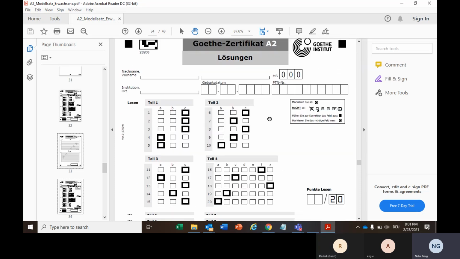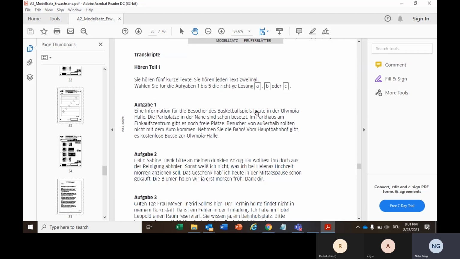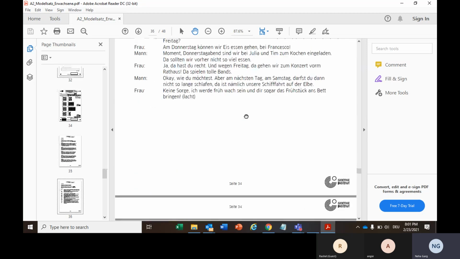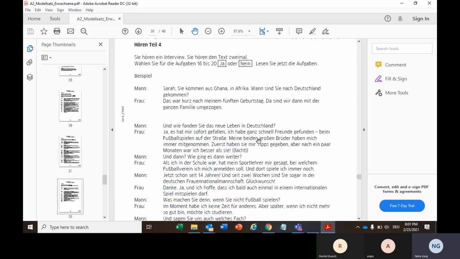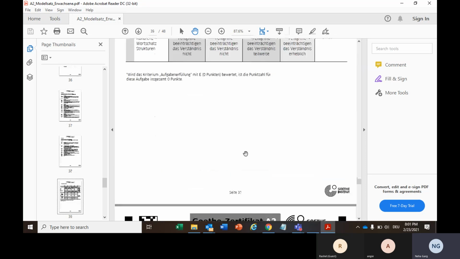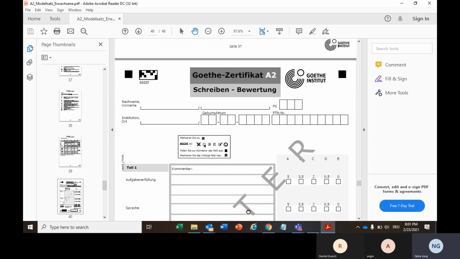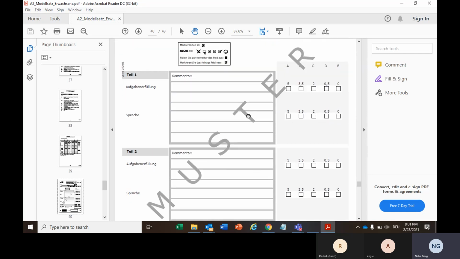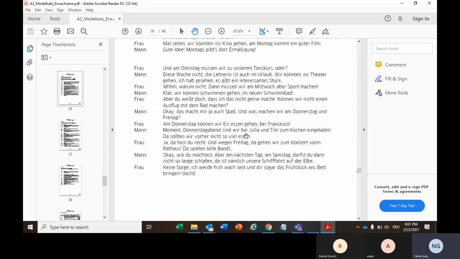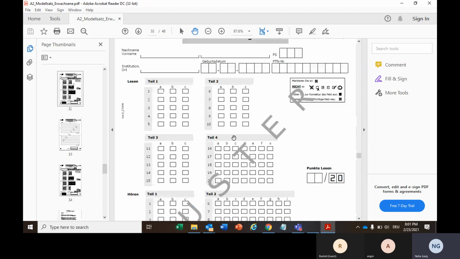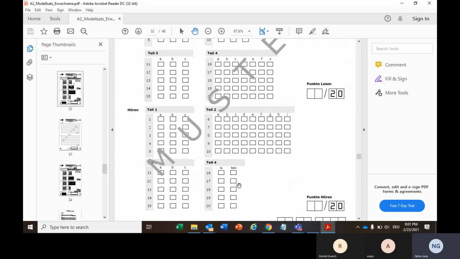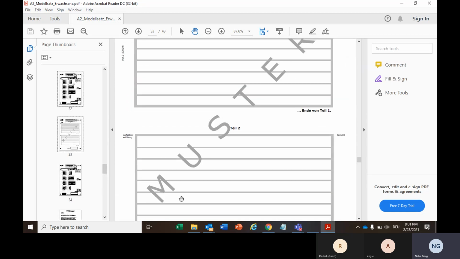This is something you will not have. Yeah, so you will get only this sheet to fill in your answers, and then this sheet for Schreiben.